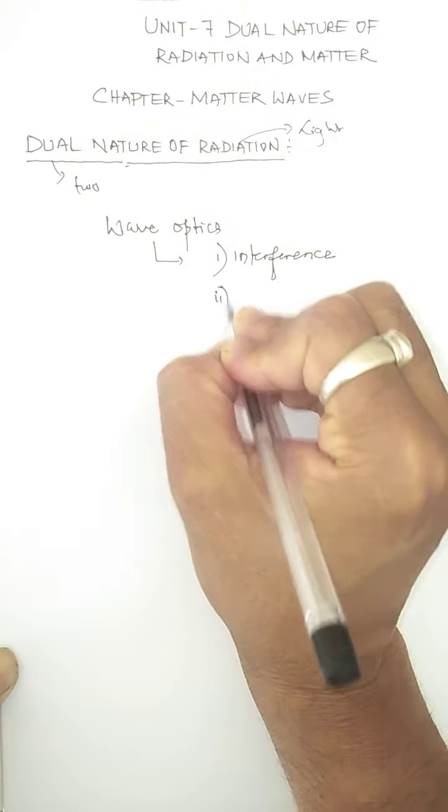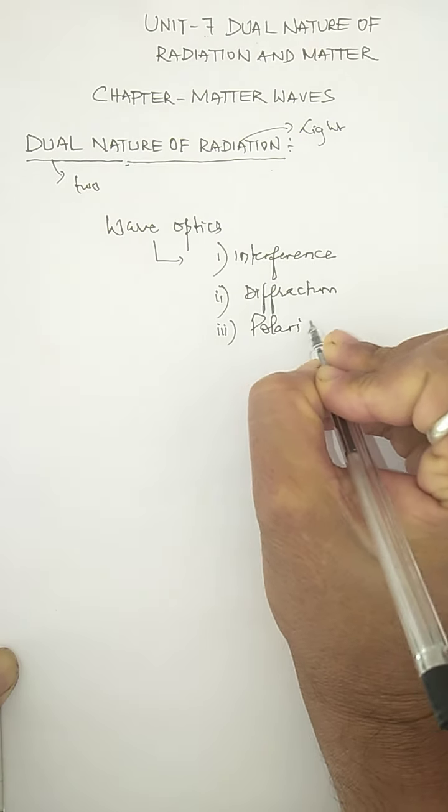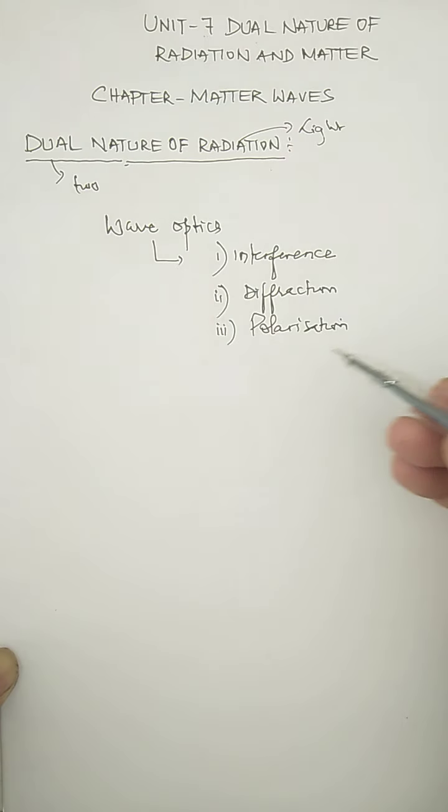There is one more phenomenon that you didn't learn, as it was not in the reduced syllabus, but let me add it, that is polarization. These phenomena were explained successfully by Christian Huygens using Huygens theory, which means Huygens principle.